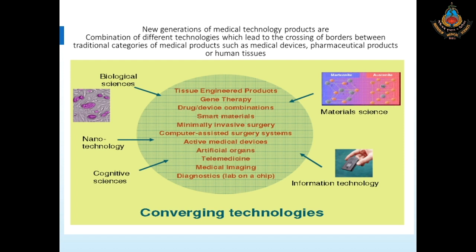Now we discuss the various types of medical devices. Till now we discussed the various types of medical devices, that is different types of thermometer, stethoscope, sphygmomanometer, pulse oximeter, various types of microscope, eye vision and its correction, ultrasound, fiber optic endoscope, X-ray, laser, CT scan, MRI scan, PET scan and SPECT scan.